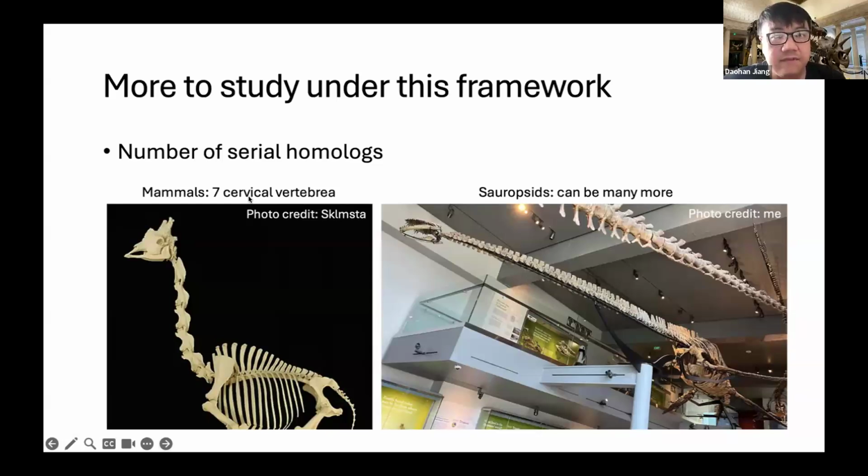Mammals all generally have 7 cervical vertebrae, which is a strong constraint. Even giraffes have 7 very long neck vertebrae, while in sauropsids, it's very variable. They can have many more. So what are the principles underlying the change of number and the variation across lineages? That's something we want to explore in the future.